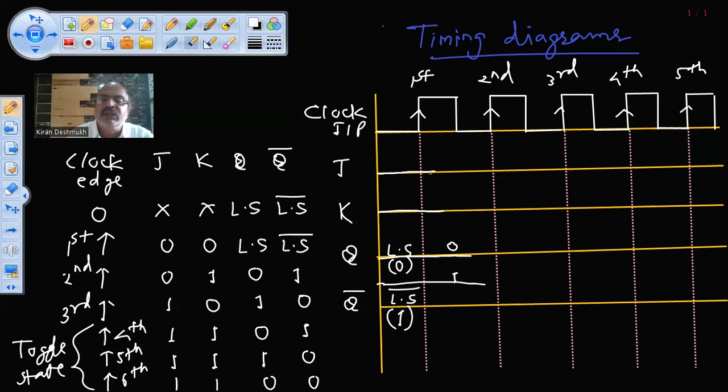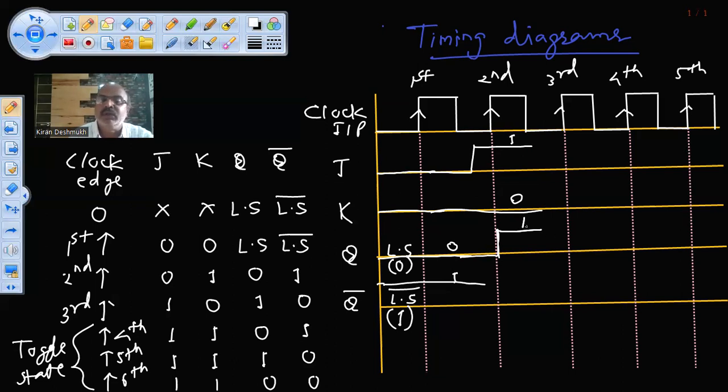J becomes 1 and K remains 0. Now J is 1 and K is 0. Whenever J is 1, Q will become 1. Q will become 1 here. Only during the positive trigger will Q change state.